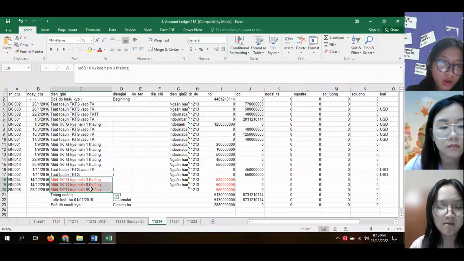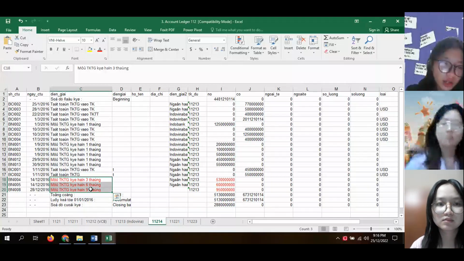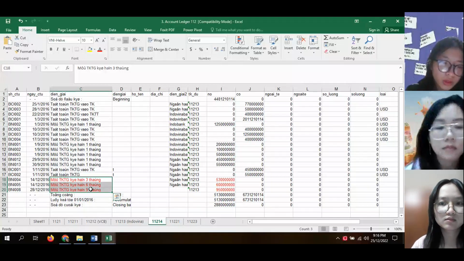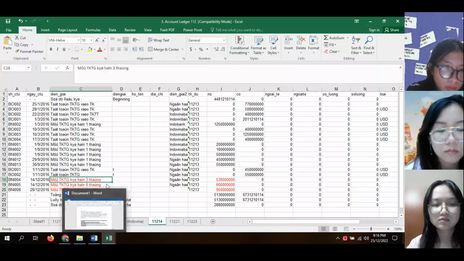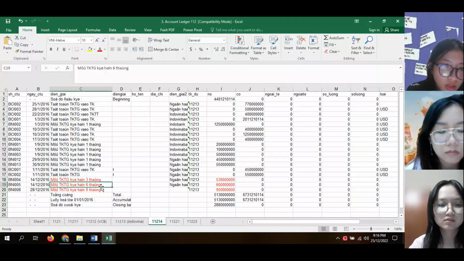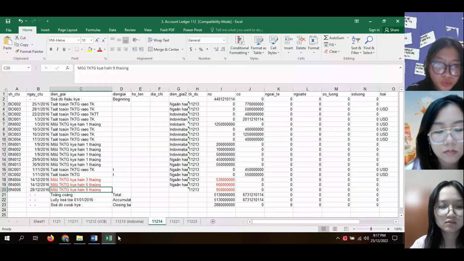Usually, a bank deposit of more than 3 months will be recorded in a short-term investment. So this is 3 months, 6 months, and 9 months. So this is an error when checking 112.